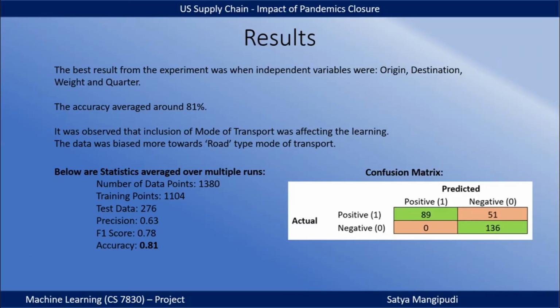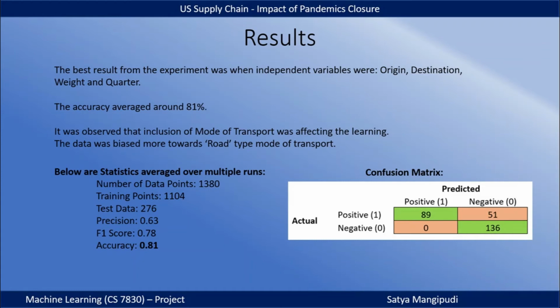Now let us look at the results. The model was tried with various combinations of features. When the results were compared, the best results that also looked reasonable were with origin, destination, weight, and quarter. The average accuracy was around 81%. It was observed that when mode of transport was involved, the statistics showed poor numbers.